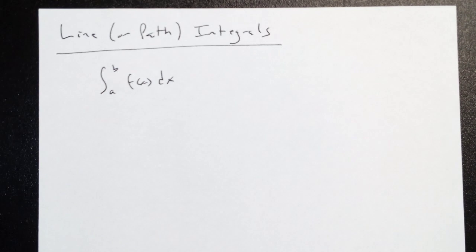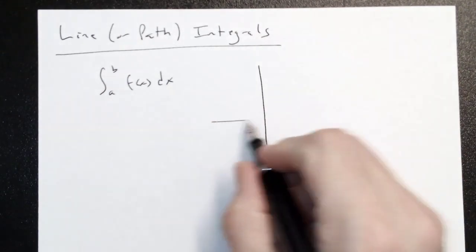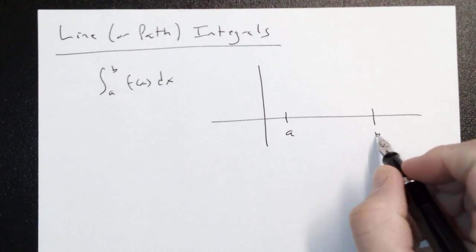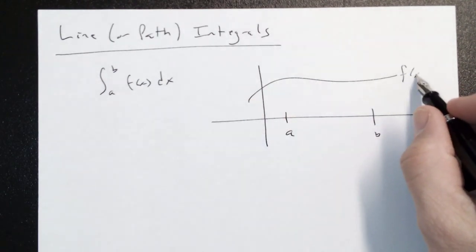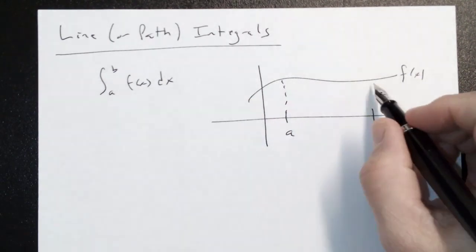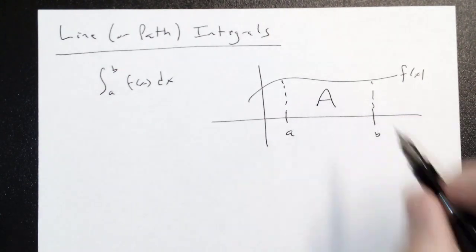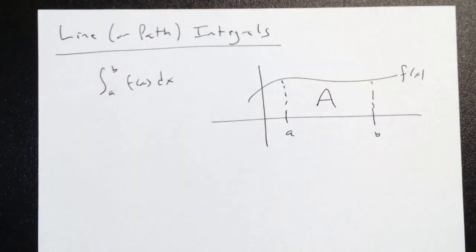So I have some graph. And it's this area. I can also think of this as going along the x-axis.